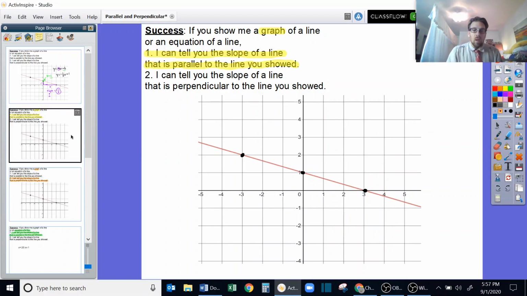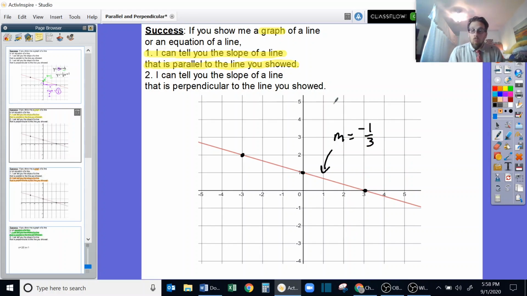So, because of the work that we did with systems of equations where we found that they had no solutions, when I look at this line and you've given me a graph, I can tell you the slope of a line that's parallel to this. We already identified that this line has a slope of negative 1/3.